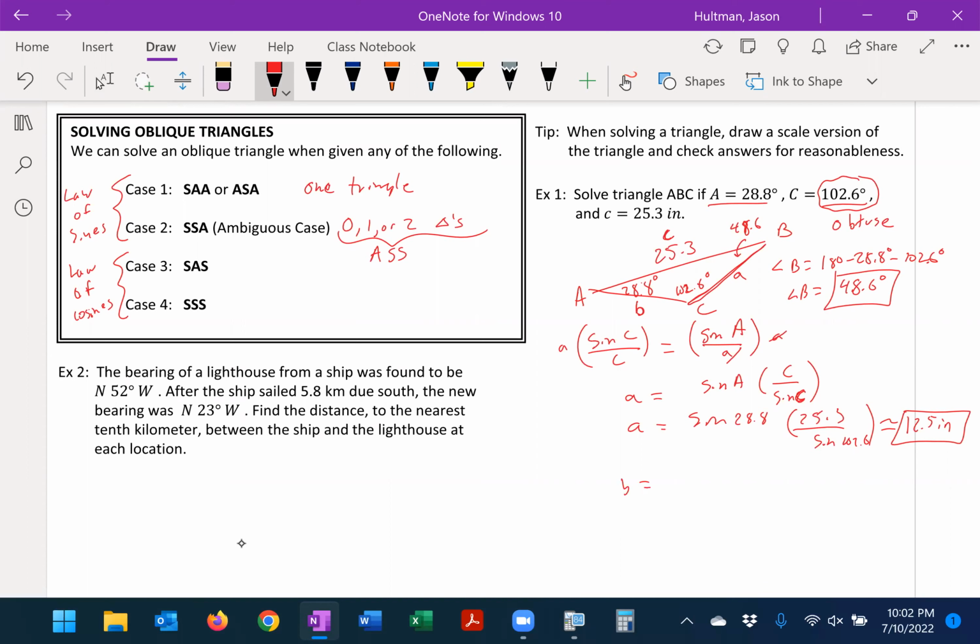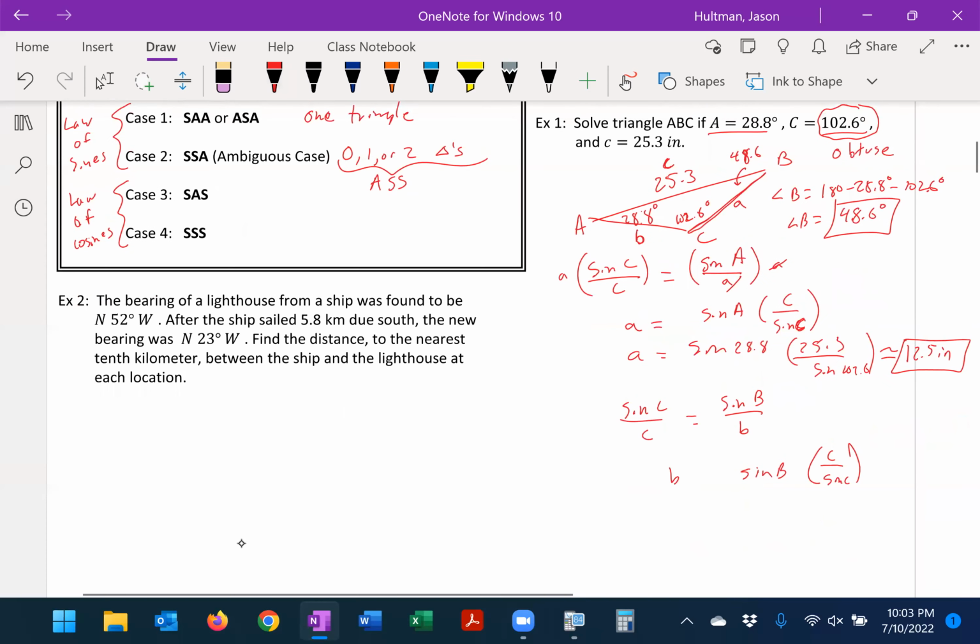Now let's look for B. What's B going to be? Well, B is going to be the exact same setup as we had before, except that instead of A, it's just going to be B. So sine B over B. If I basically cross multiply and divide, I get B is equal to C times sine B over sine C. So B is equal to sine B times C over sine C. And then what is B?